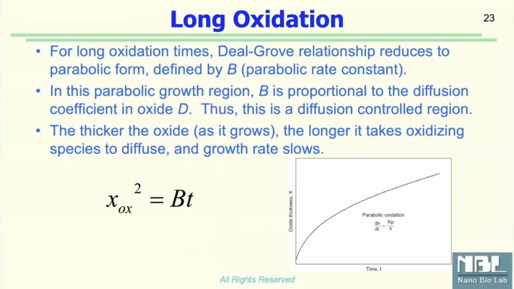For longer oxidation, the thicker the oxide, the longer it takes for the oxygen to diffuse through and reach the interface, hence the overall oxidation growth decreases. So in a real oxidation, there are two regimes: a linear regime and then a parabolic regime. Initial oxidation is faster, but then the oxidation rate goes down.